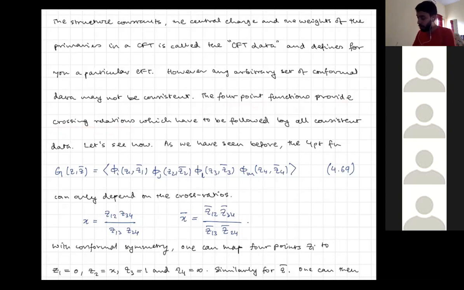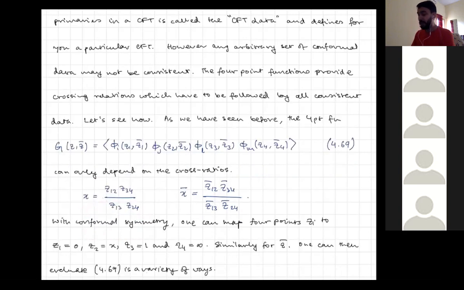So let's argue this out. Let's look at a 4-point function G, where I have phi_i, phi_j, phi_l, and phi_m, and these are at z1, z2, z3, and z4. As we have seen before, this can only depend on the cross ratios, right? x equals z1 minus z2, z3 minus z4 over z1 minus z3, z2 minus z4.